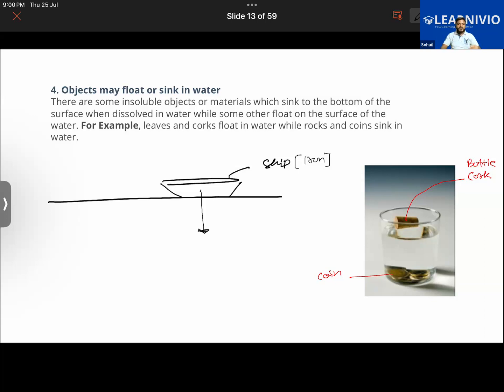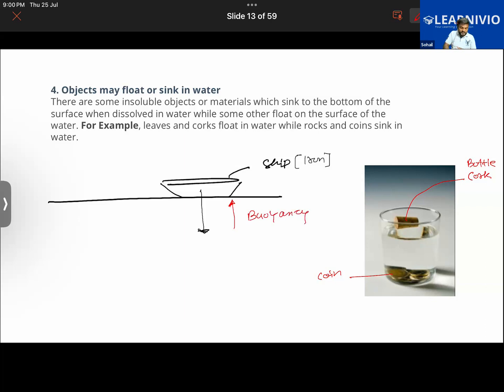Yes, sir. So it's a property of water that it also exerts a force, not necessarily equal, but an opposite force. That is called buoyancy.